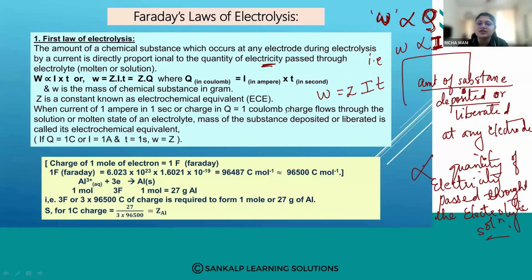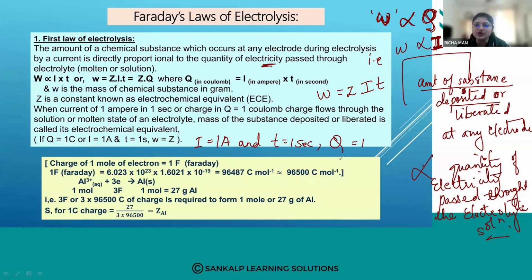Suppose the amount of current passed is 1 ampere for 1 second. Then Q will be 1 coulomb. Then how many grams are deposited?